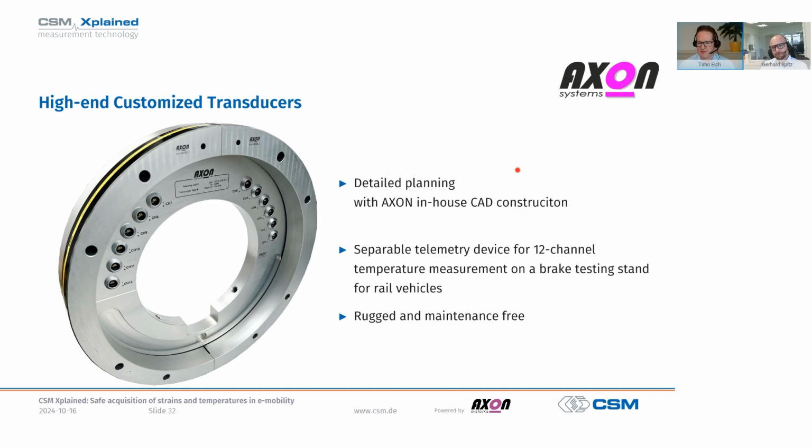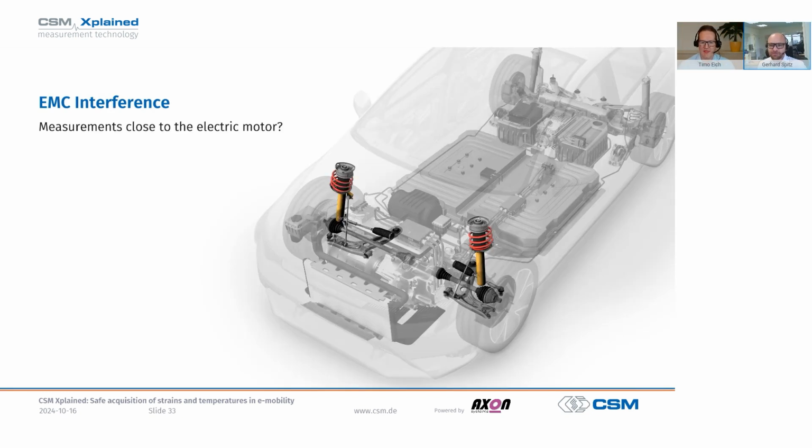So if you have an e-drive, you might have already experienced the main issues of e-drive automotive systems, that you have interferences, especially if you're going to measure small, tiny signals and sensitive signals. So this is the same issue we have. So we found solutions on the rotor unit side to make sure that we have a safe acquiring of the analog signals.